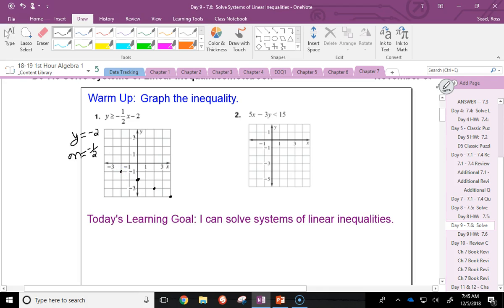I'm about to make my line, but I'm going to stop because now I'm going to think of my inequality. Do I want to make a solid line or a dashed line with this inequality? Solid. Why a solid? Because it's greater than or equal to. Very good. Remember, if it was just less than, or just greater than, that's a dashed line. But if it's less than or equal to, or greater than or equal to, then we use a solid line.